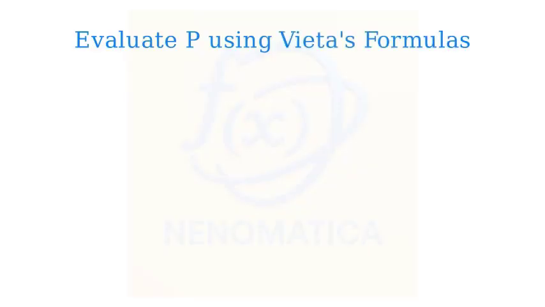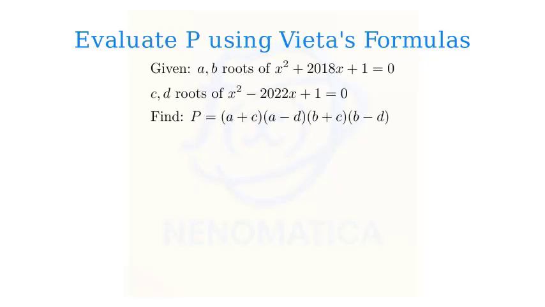In this example, we will evaluate a symmetric expression built from the roots of two quadratics using Vieta's formulas and some clever regrouping. The problem says a and b are roots of x squared plus 2018x plus 1 equals 0, and c and d are roots of x squared minus 2022x plus 1 equals 0.